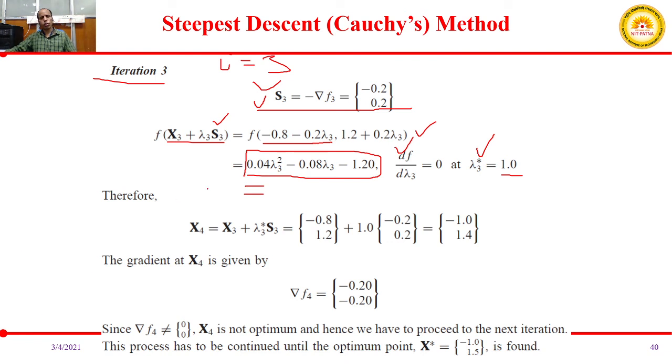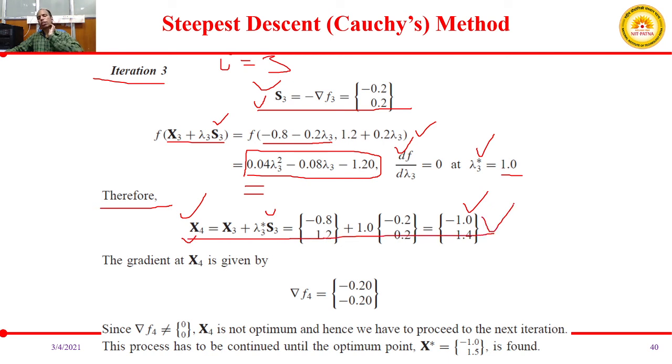Okay, so here again you will calculate the value of your next point, which will be x4. So x4 is equal to x3 plus lambda 3 s3, and this value will now become minus 1.0, 1.4. Okay, so I hope you are able to follow these steps, how we are doing repeated iterations.